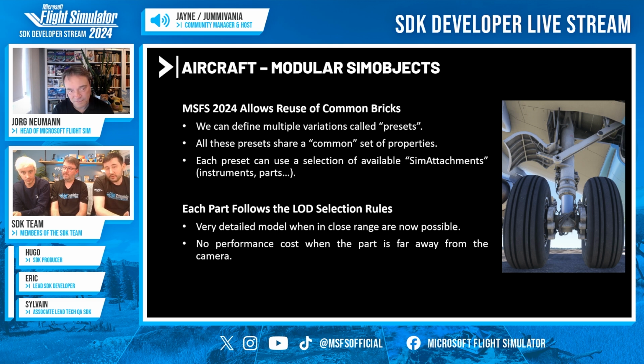What is now possible is that when the camera is close to an engine nacelle, you will have a very highly detailed model, while the engine on the other side of the aircraft can either be occluded or have a very low level of detail. So it offers a lot more adjustments in the geometry that is displayed on screen. And there's no performance cost because it's a trade-off, and it allows us to have a predictable and stable performance.